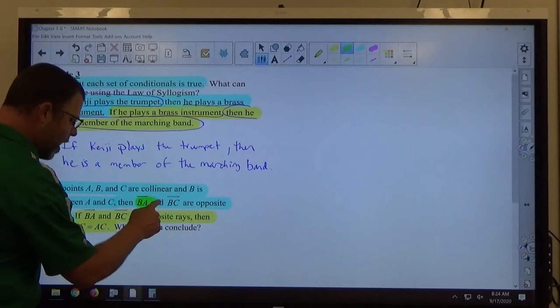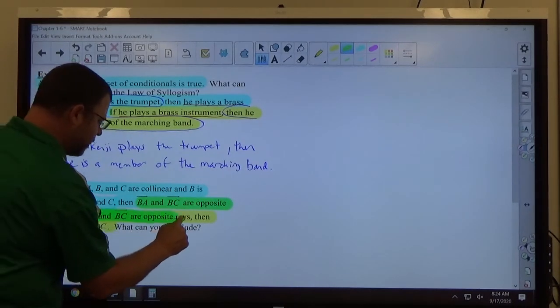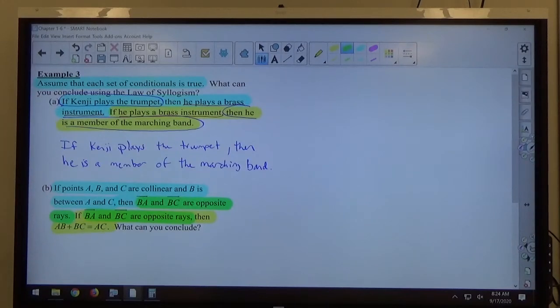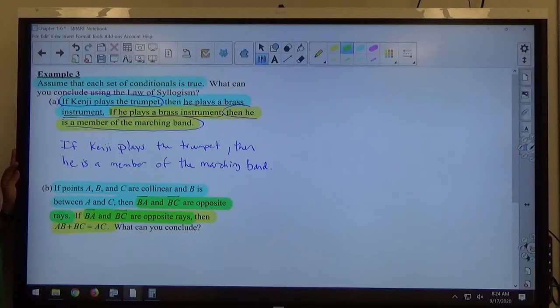BA and BC are opposite rays. So then, conclusion, if, hypothesis, right? So the conclusion of the first statement matches the hypothesis of the second. So the law of syllogism states very clearly that the first if leads to the final then.